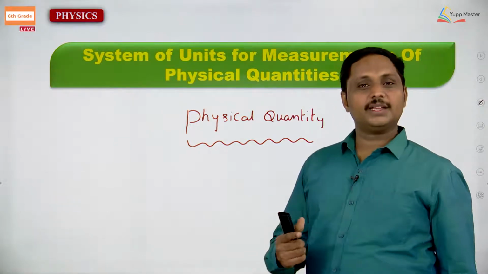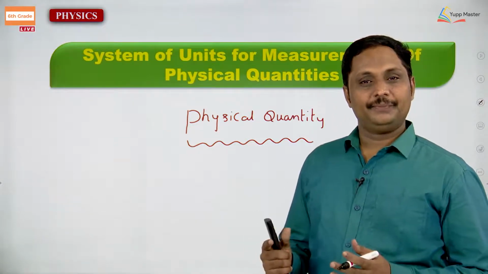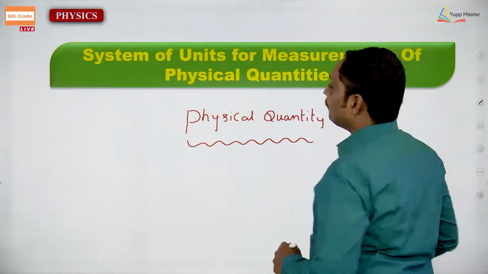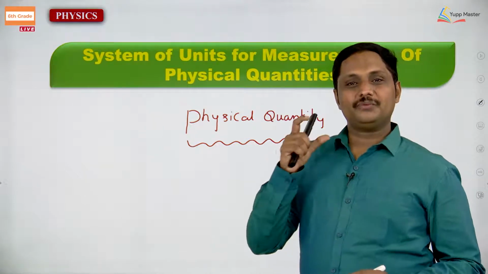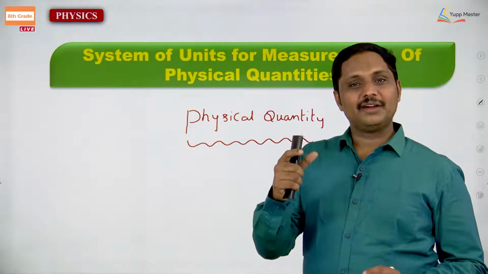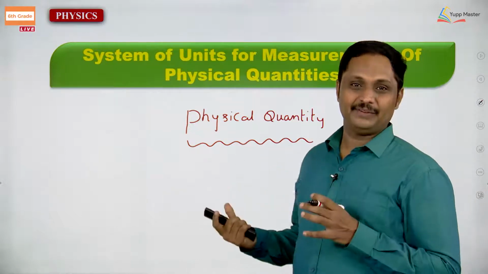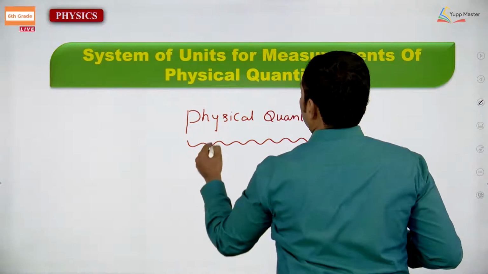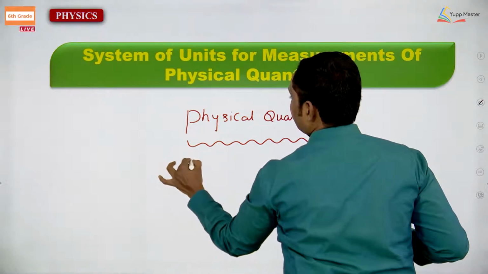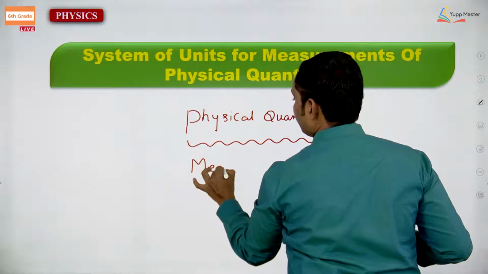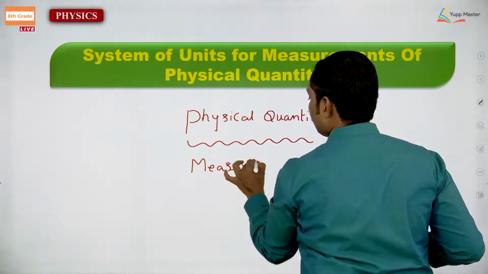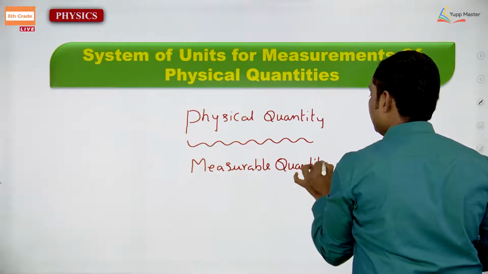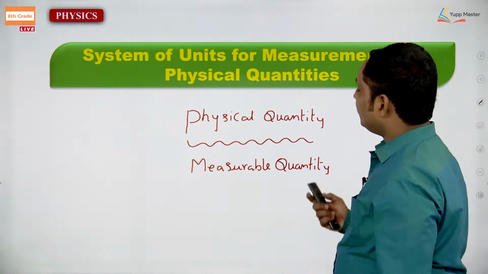Length, breadth, and area. The word physical refers to something which has some appearance due to its size and shape. So a physical quantity is known as a measurable quantity.